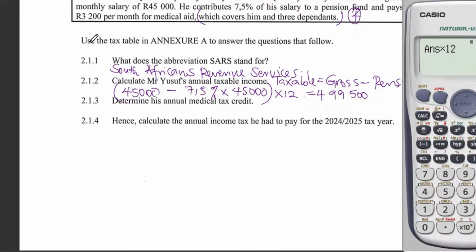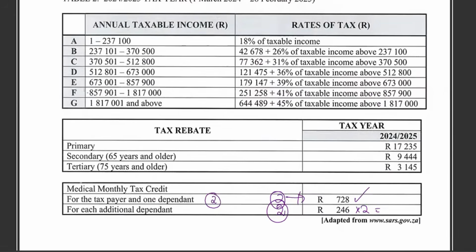All right, let's go back here a bit. Medical tax credits, we've said there are four people. Of the four people, two share the same: the taxpayer and the one dependent. Then the other ones, how many are remaining? Two.